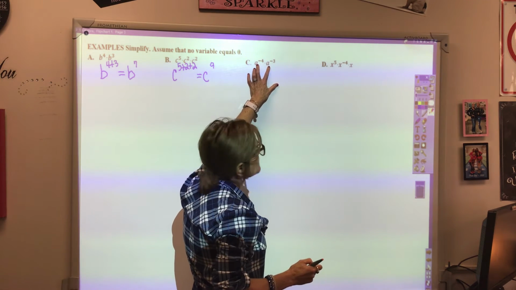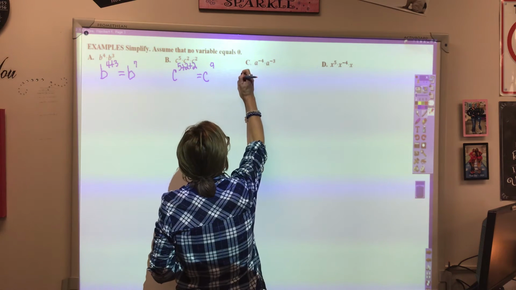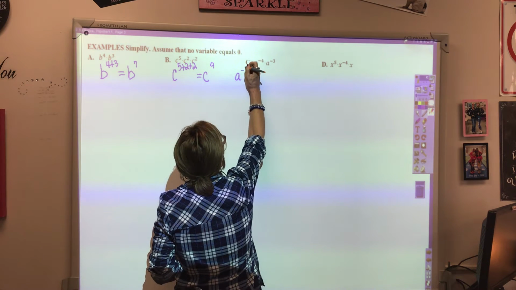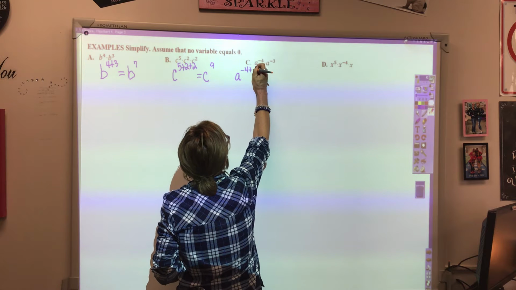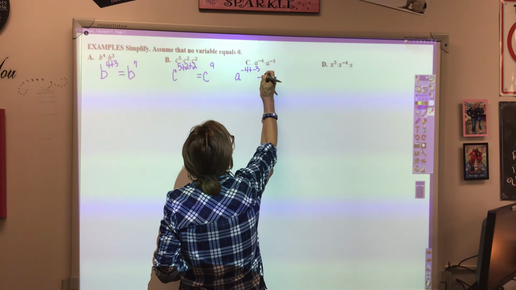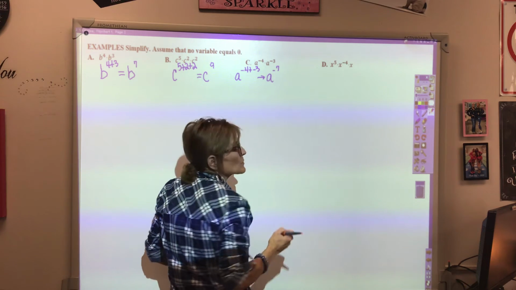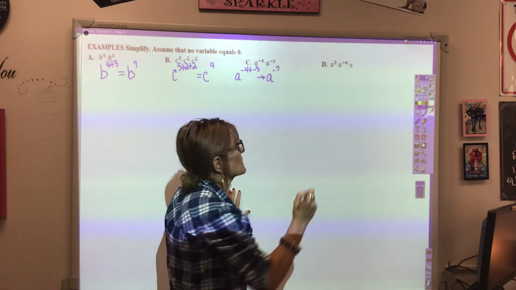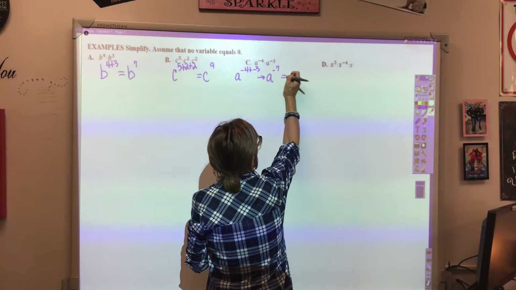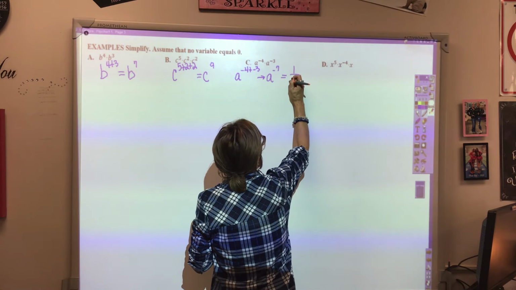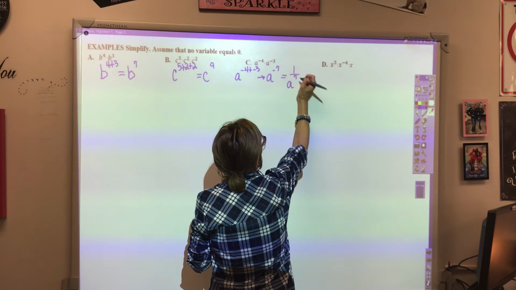This one we would add the powers, so we would have a negative 4 plus negative 3, which is a to the negative 7. However, we don't leave it with a negative exponent, so this equals 1 over a to the 7th.